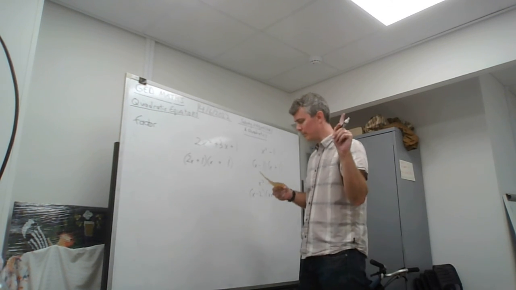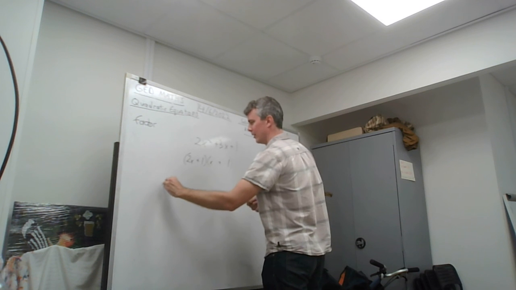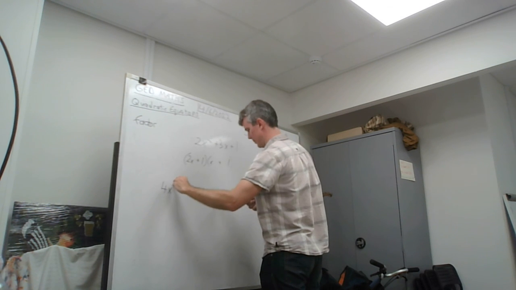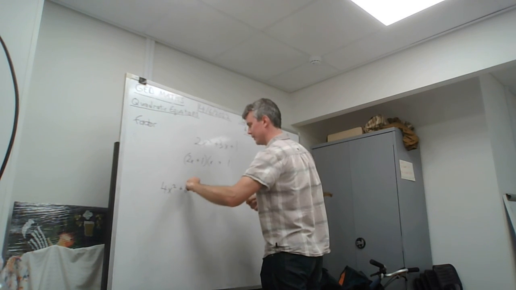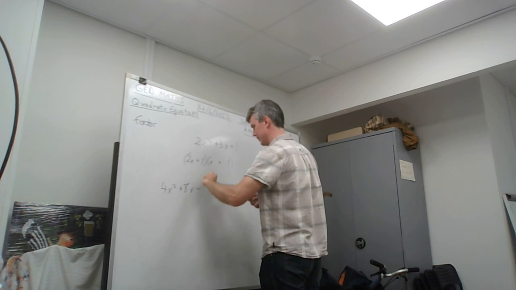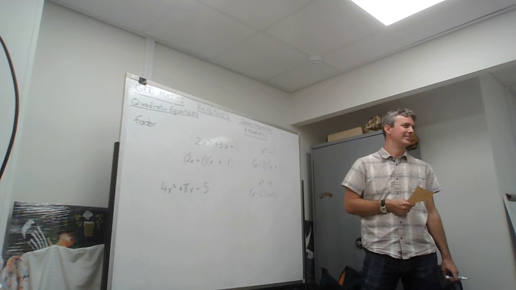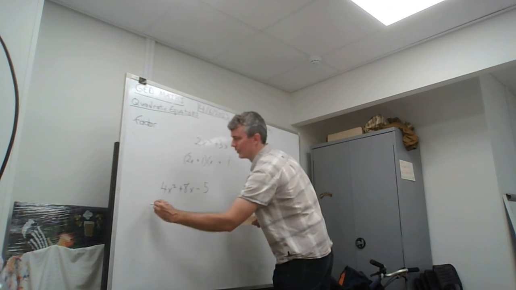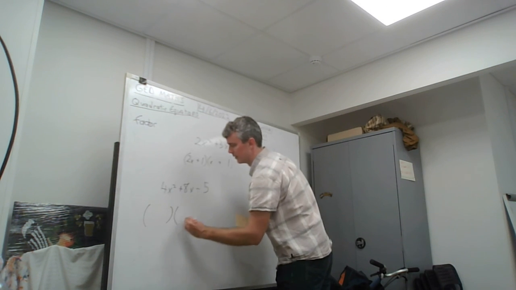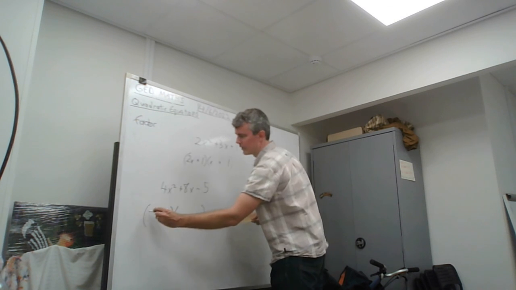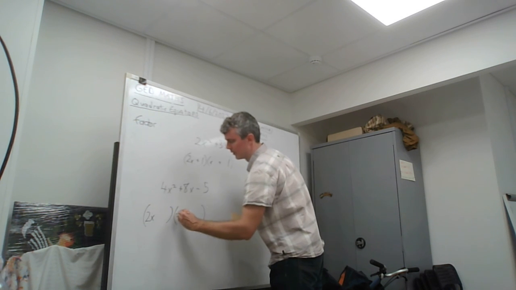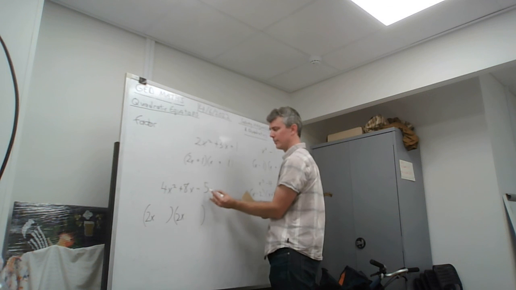Alright, one more difficult. 4x squared plus 8x minus 5. Okay? So first we have here, let's try 2x, yep. 2x, and here's 5, right?